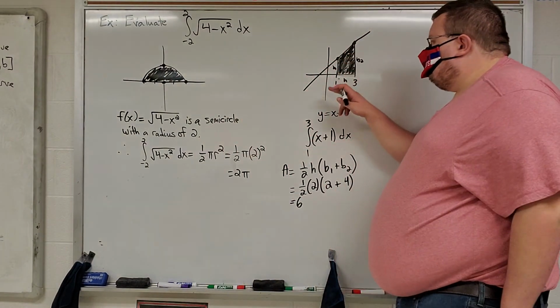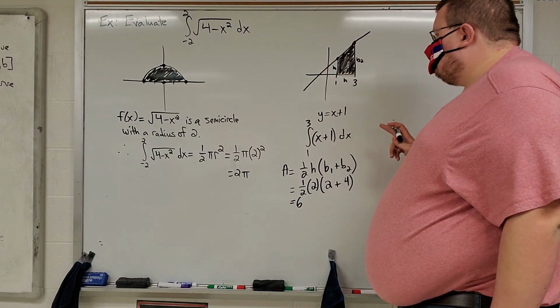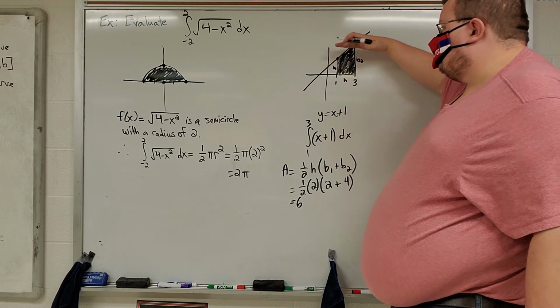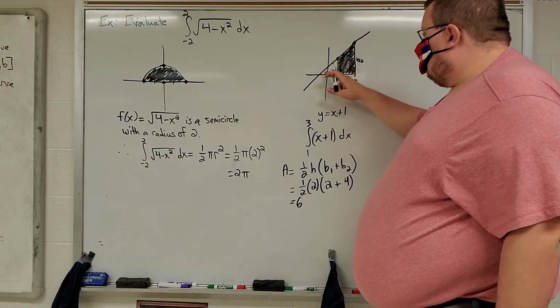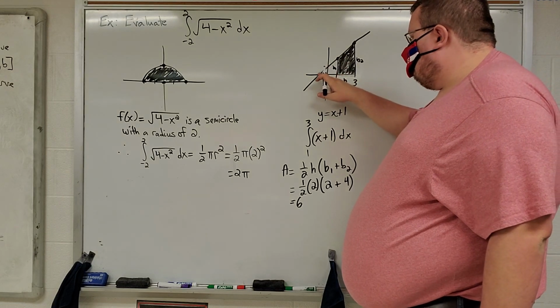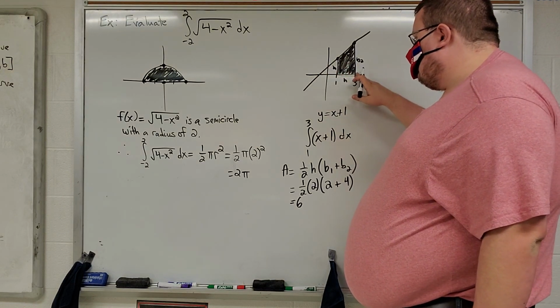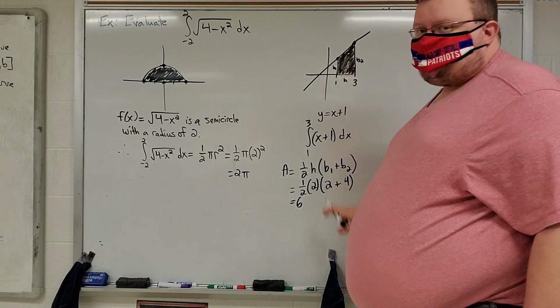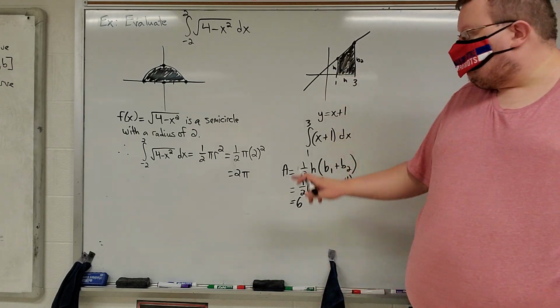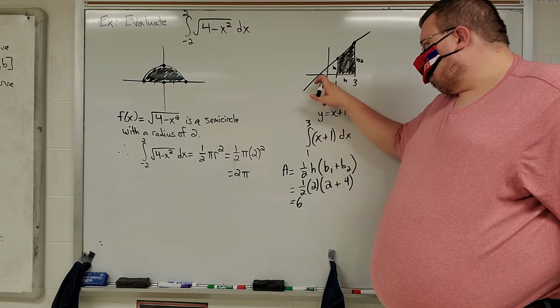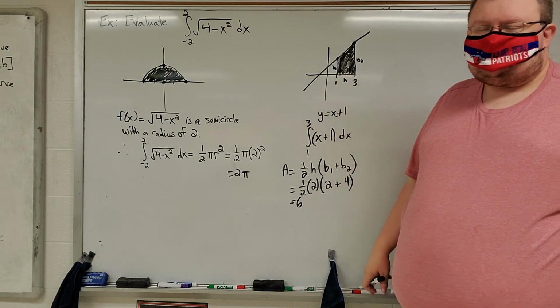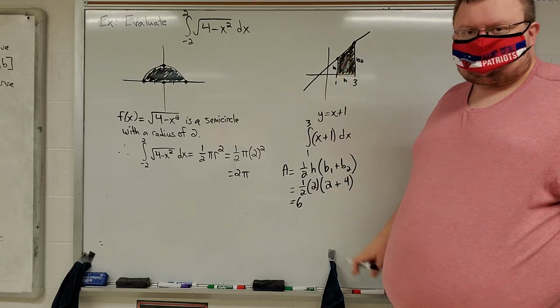I could easily give you linear functions where you have to do a trapezoid. If it's a constant function, it might be a rectangle, which makes it even easier. It could also be a triangle. If I had started at -1 and gone to 3, now it would have been a triangle.